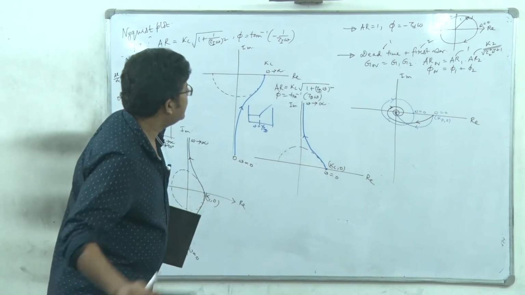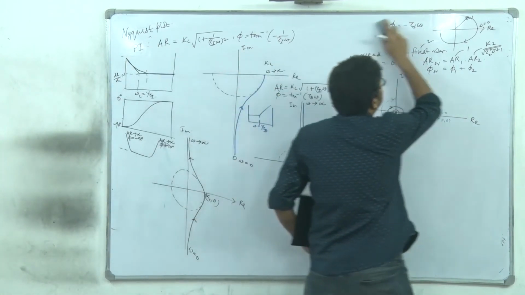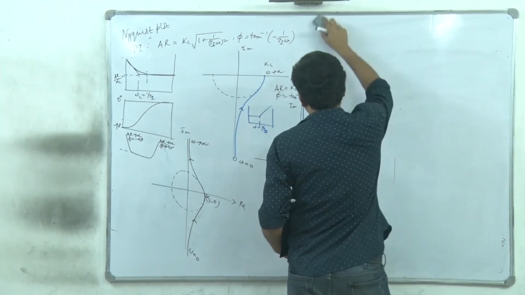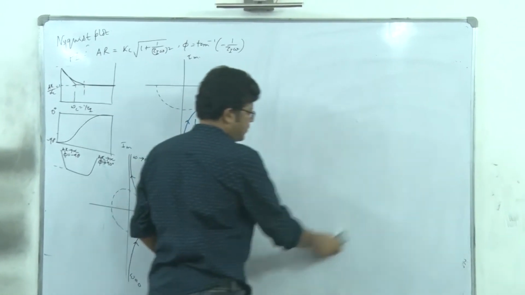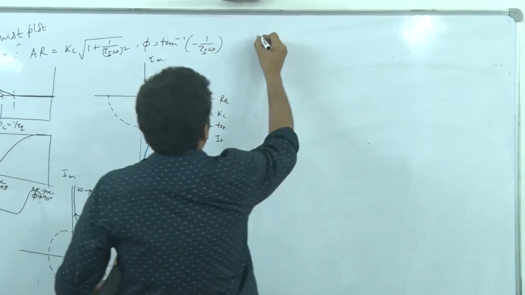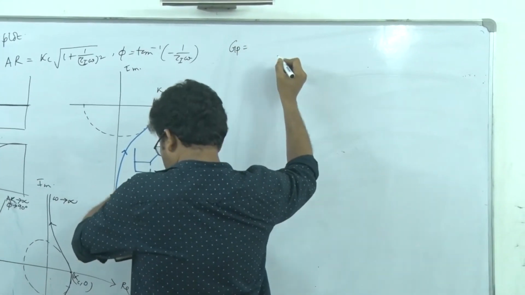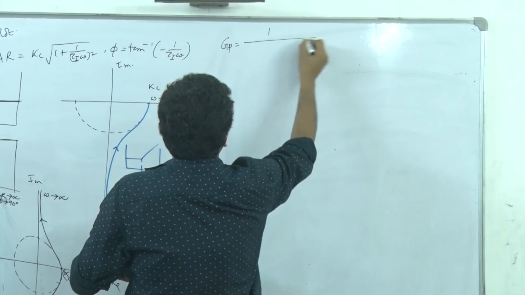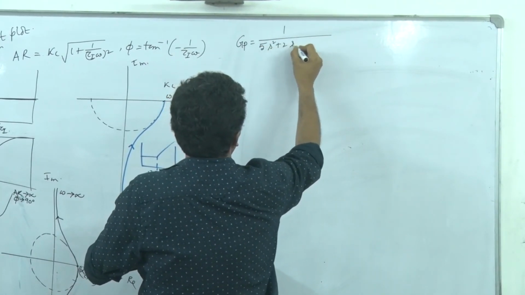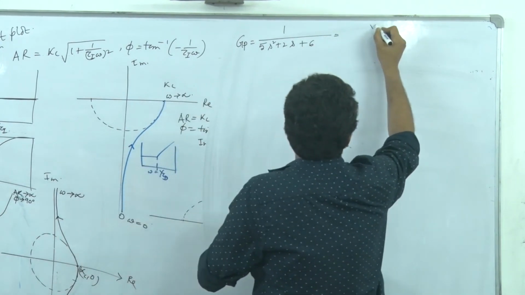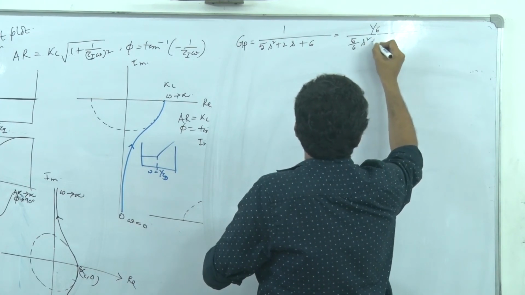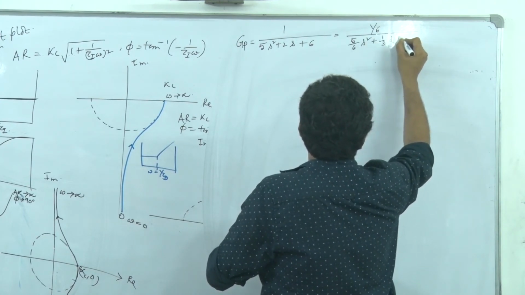See, again, if I note it down, then Gp is equal to 1 divided by 5s square plus 2s plus 6, which can simply be expressed as 1 by 6 divided by 5 by 6 s square plus 1 by 3 s plus 1.